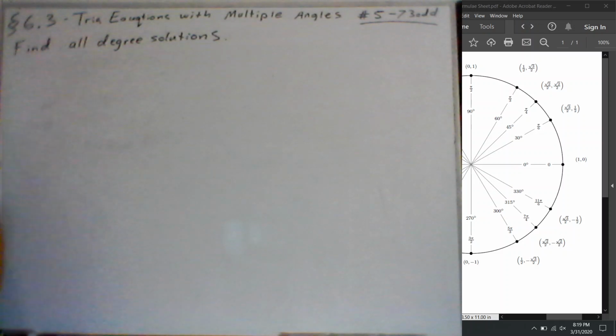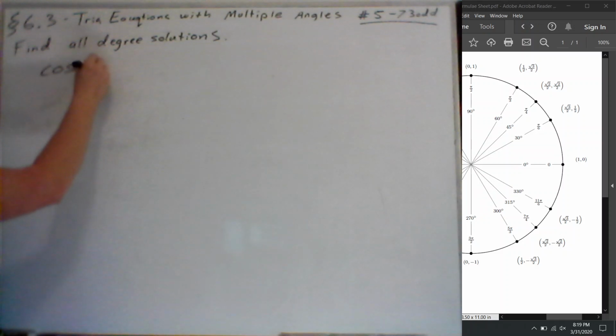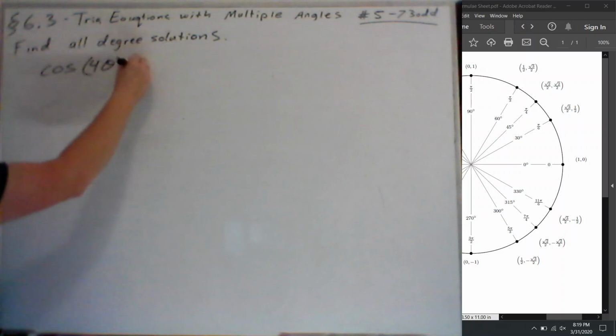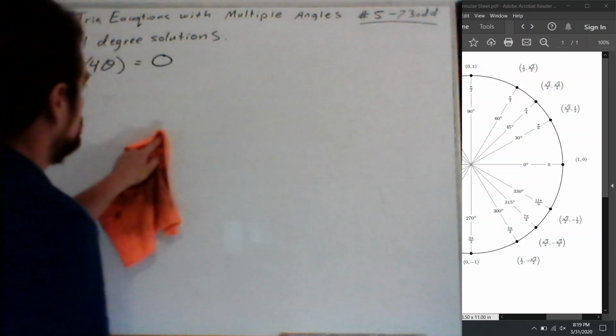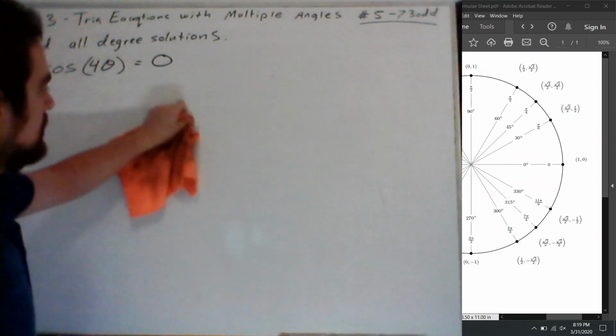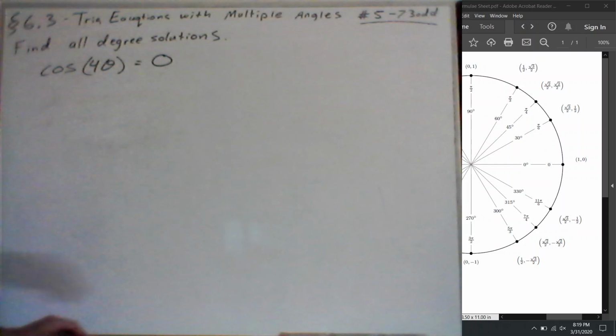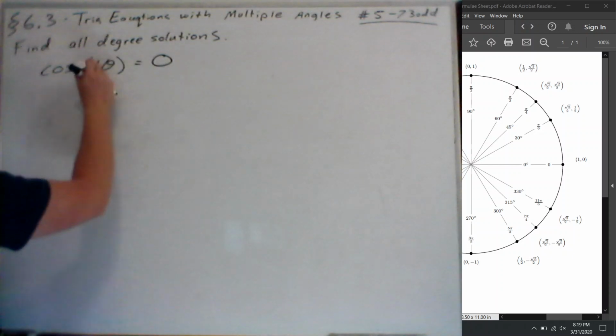Let's say cosine of 4 theta is equal to 0. Let's say we want to pick on this equation. Again, big multiple angle in there.